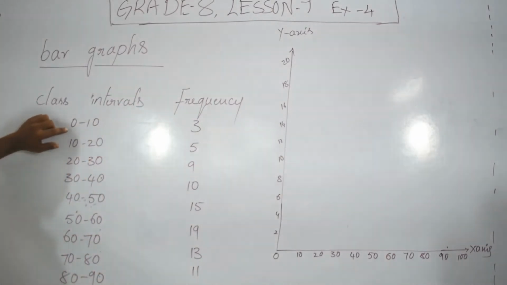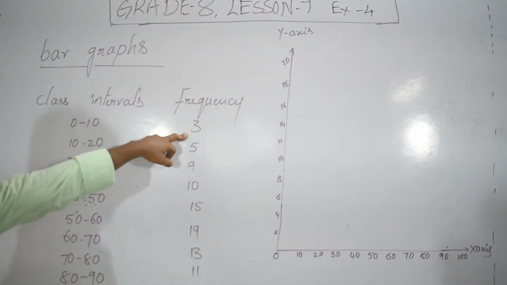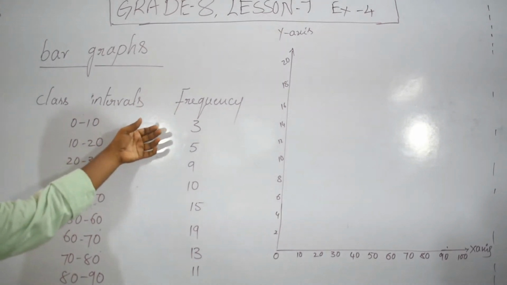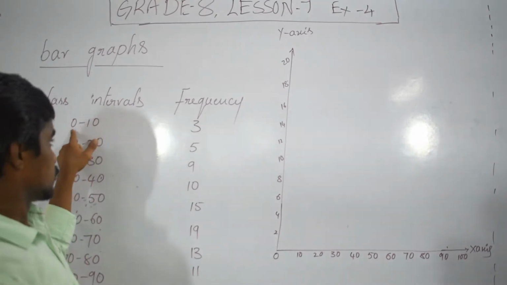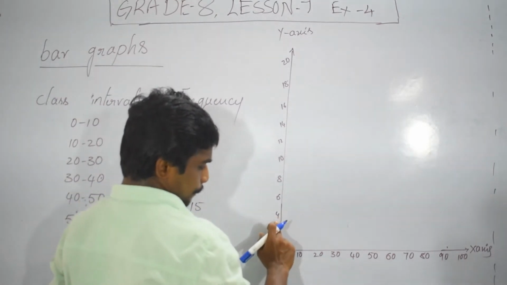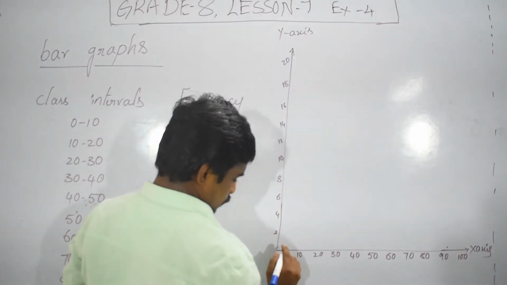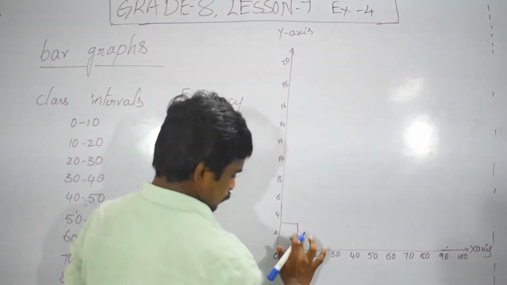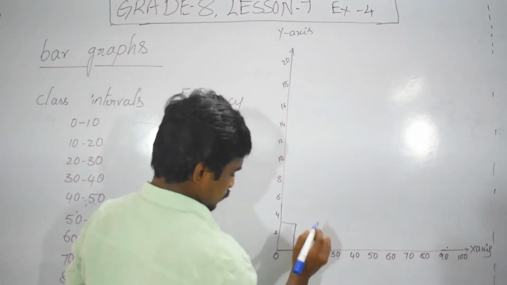See, class interval 0 to 10. How many frequency? Frequency means here the number of students. Like in this question, how many students? 0 to 10, 3. Where is 3? Here, between. So this is 10.